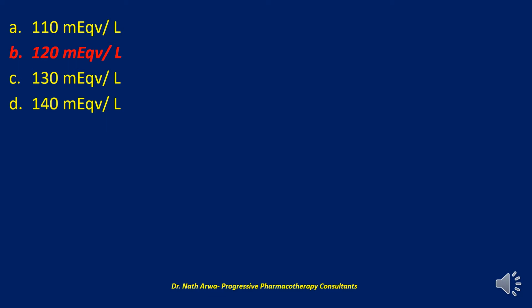So the sodium should be raised by 2 to 2.5 for every 100, which is around 4 to 5 milliequivalents per liter.